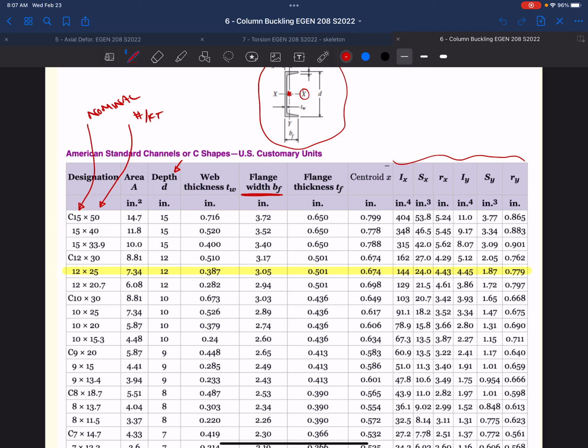We could have a column, say that column, right? We decided that they wanted to put a column in the center of this room, and we stuck it right here, extended from the desk to the ceiling, okay? Well, if it was sitting like this, we might want to restrain it maybe halfway up in the weak direction.